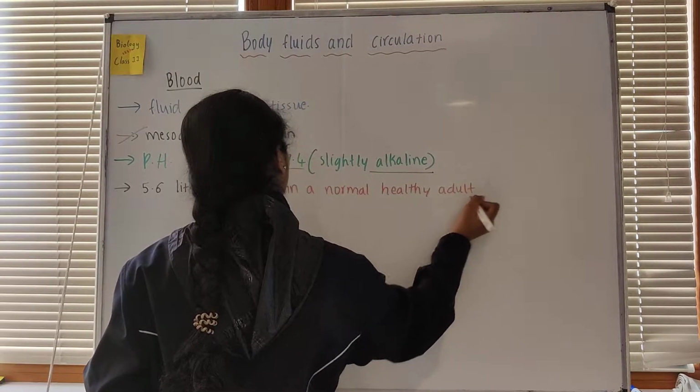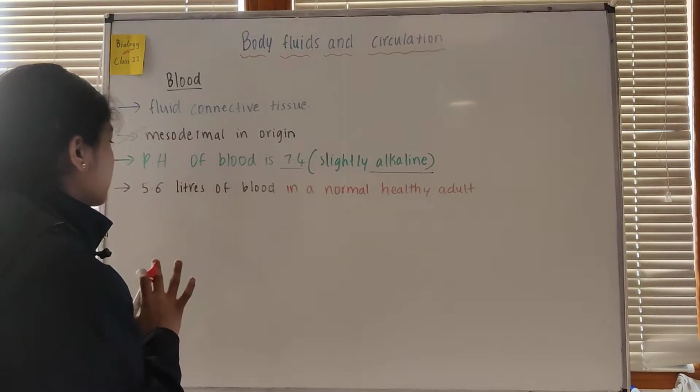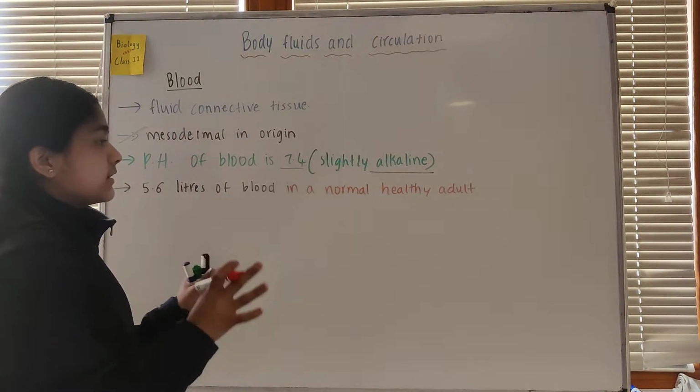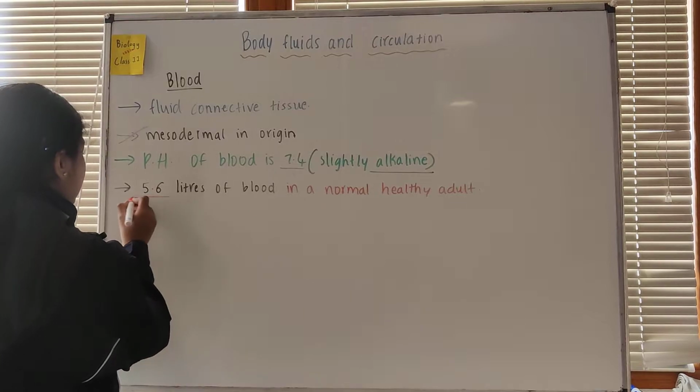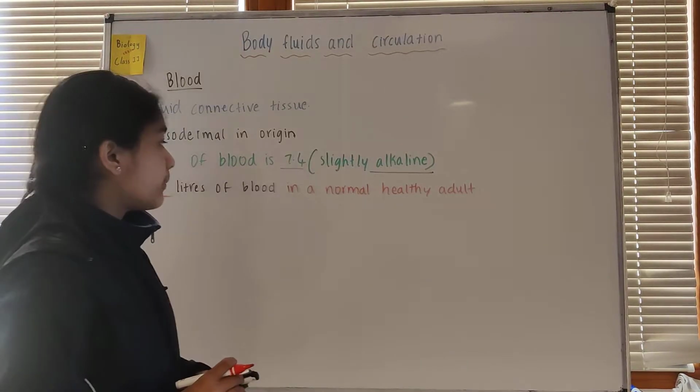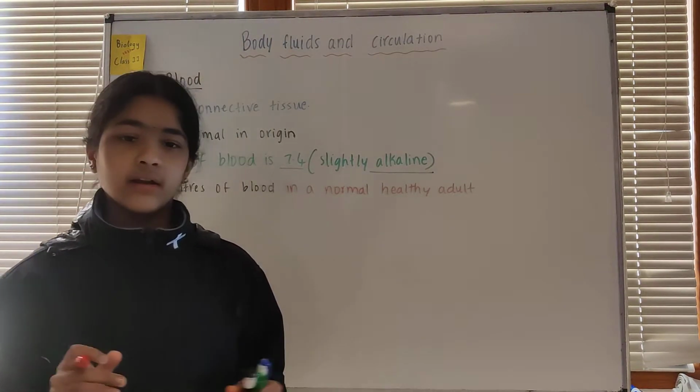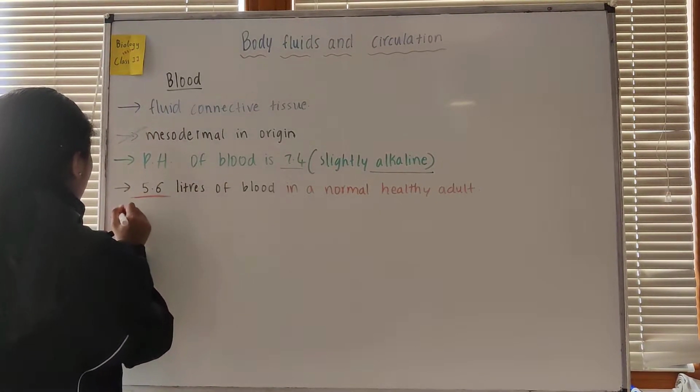So this is the rough amount of blood that is present in a normal healthy adult, that is 5.6 liters of blood. Now the blood has two parts.